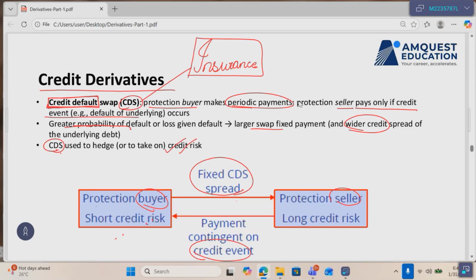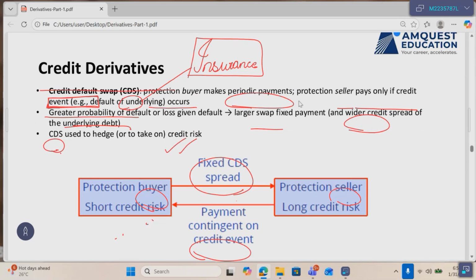Remember, it's only in the event of a credit default, not otherwise. If that party has defaulted, then you will get the payment. Any questions? All right, so that's what our credit derivative, the CDS, was.